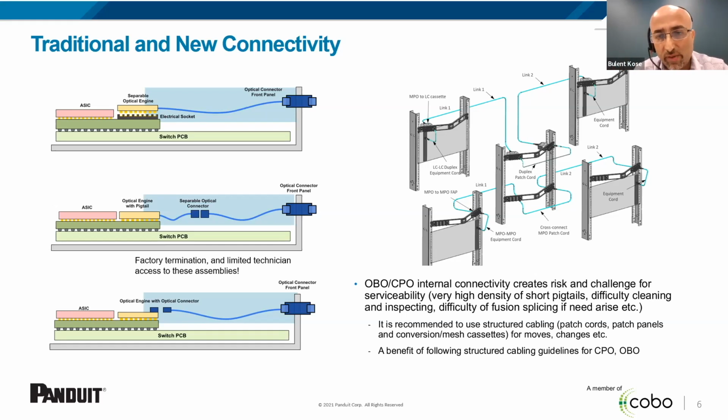So you need to adjust the number of fibers, maybe some breakout scenarios. So it would be better to do these using the structured cabling best practices, as I said, patch panels and things like this. In the next slide, I'm going to talk about this mid-plane connector, the second option in the middle, and why that could be a good idea.